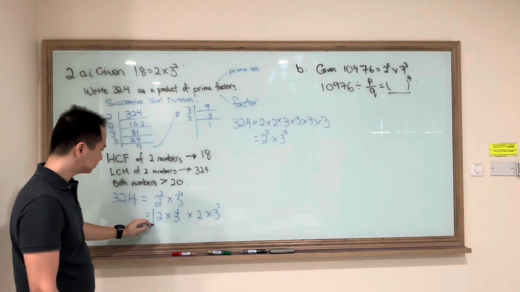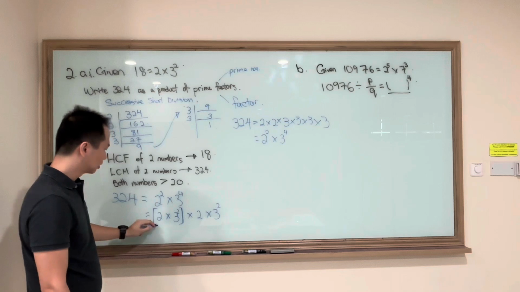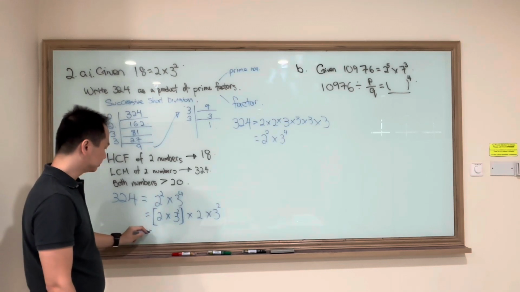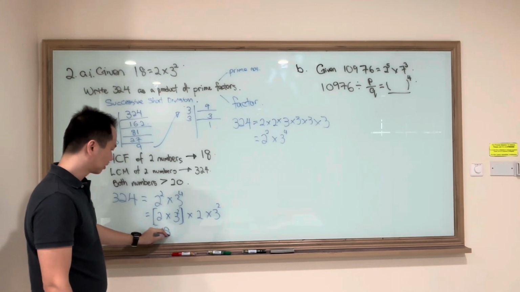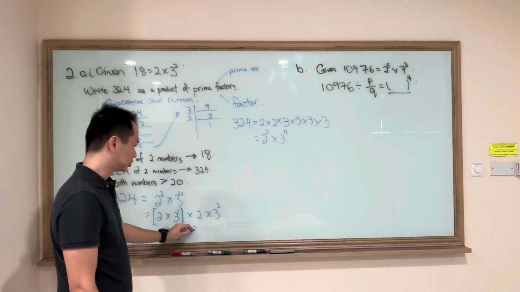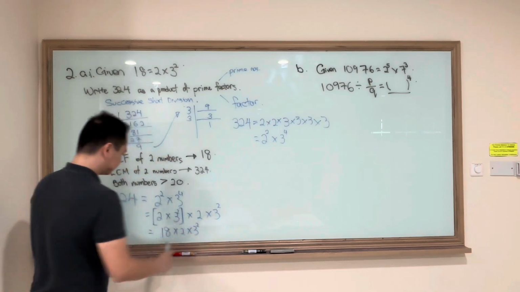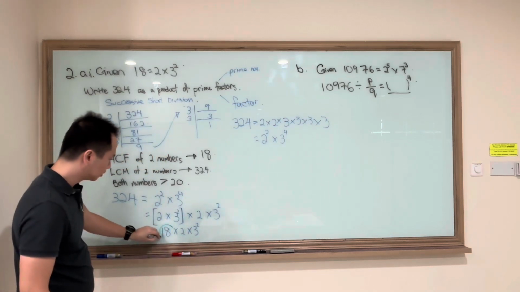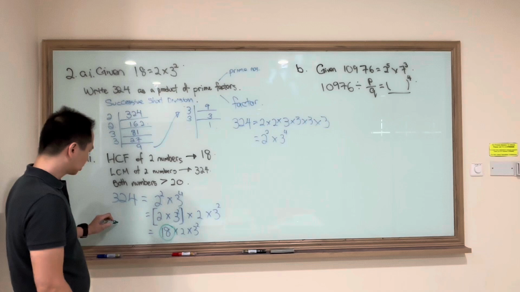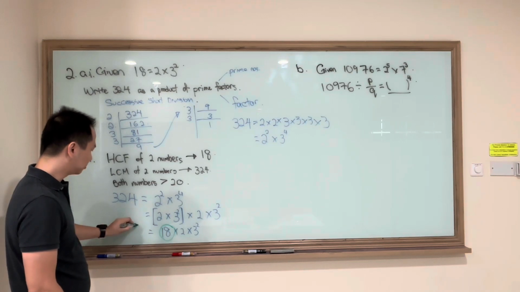So for this part, we know that this is 18, times 2 times 3 to the power of 2. So 18 itself is a common factor for the two numbers.